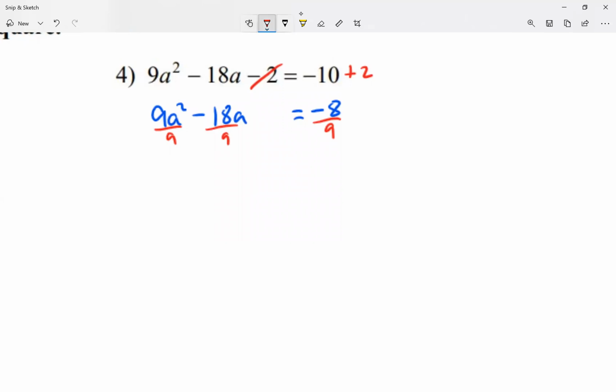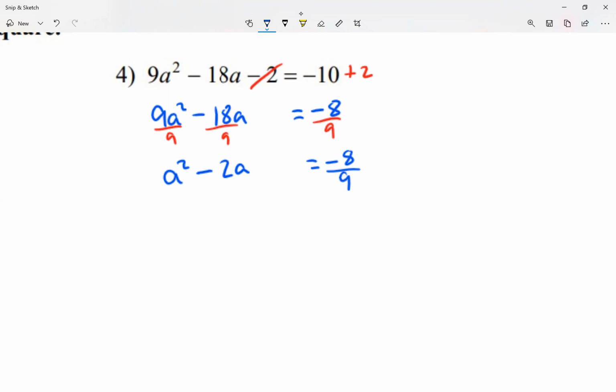So that gives me a squared minus 2a, let me leave a space, is equal to -8 over 9. It's okay to have fractions. I'm just looking at the left side. I want to complete the square.